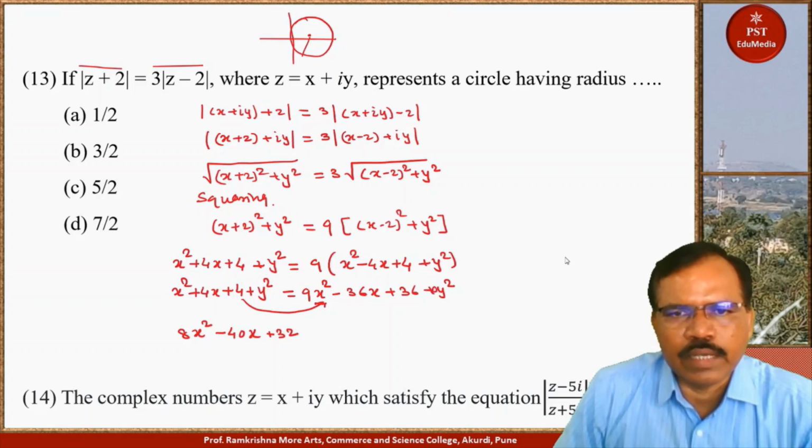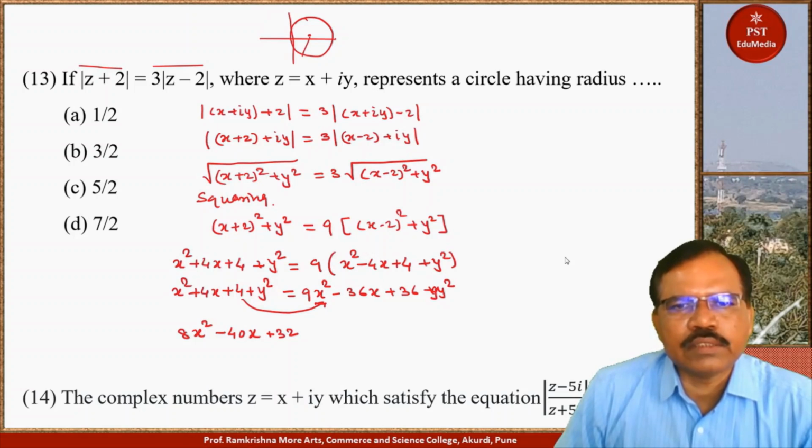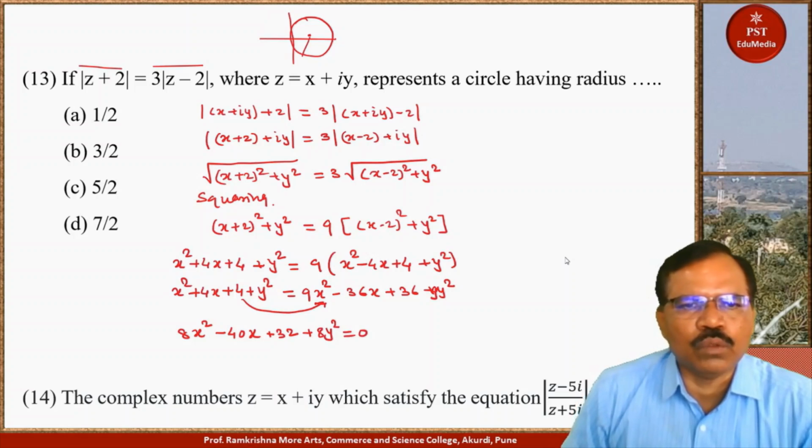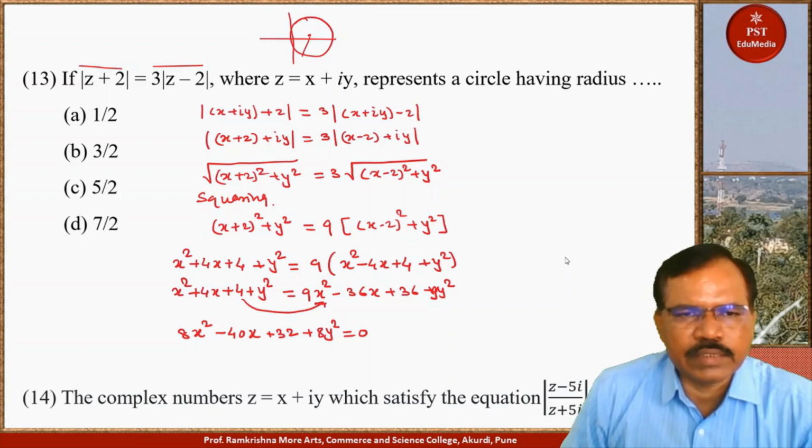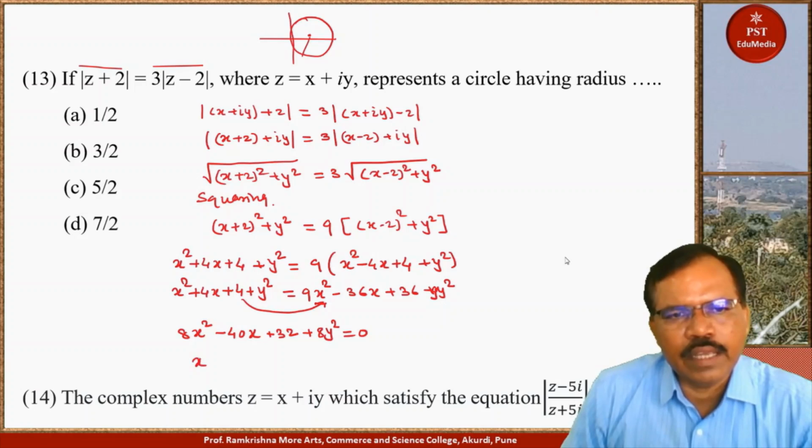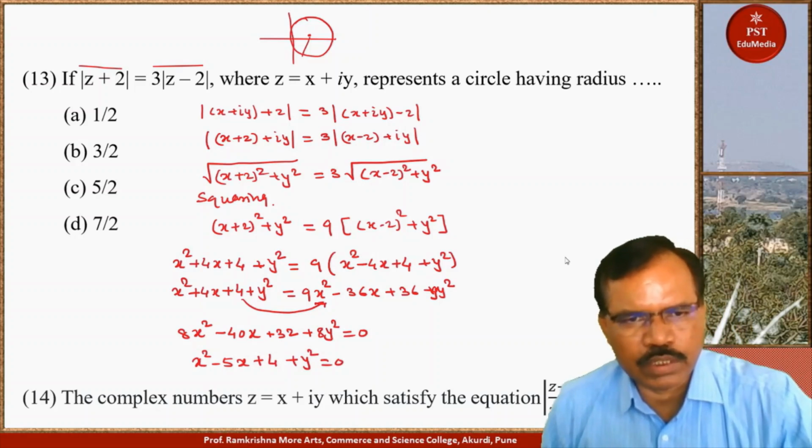Here we have 9y square minus y square will get 8y square. This is equal to 0. So divide throughout by 8, we get x square minus 5x plus 4 plus y square is equal to 0. So we got this equation.